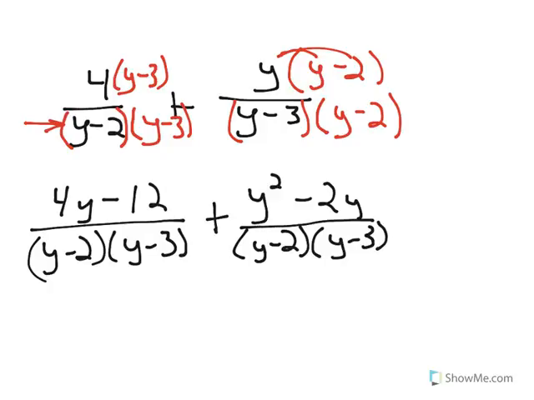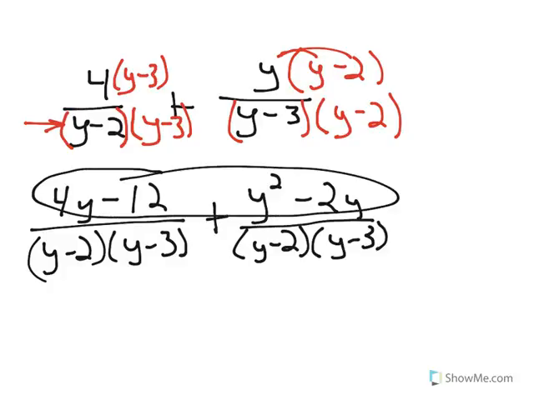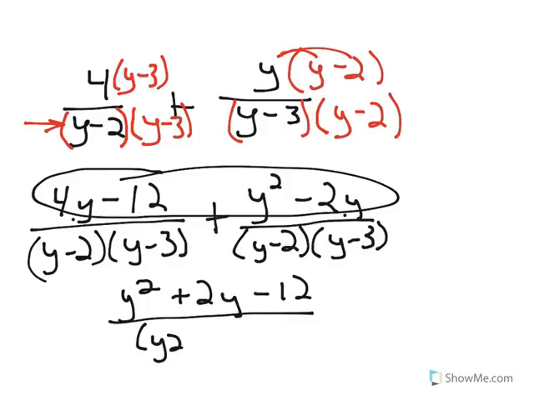We can go ahead and add the numerators. Putting it in descending order, we would have y squared, 4y minus 2y is 2y, minus 12, all over y minus 2 times y minus 3.